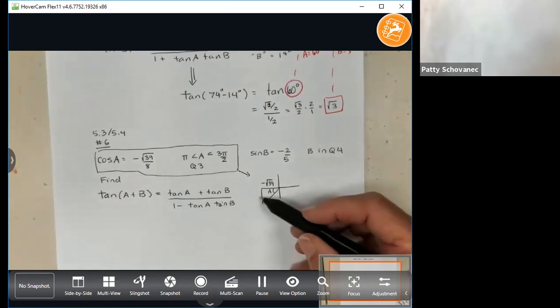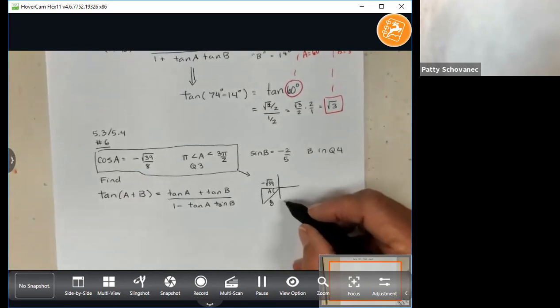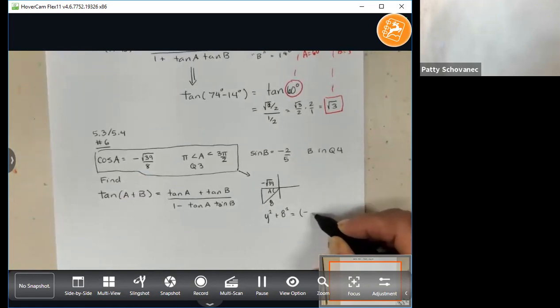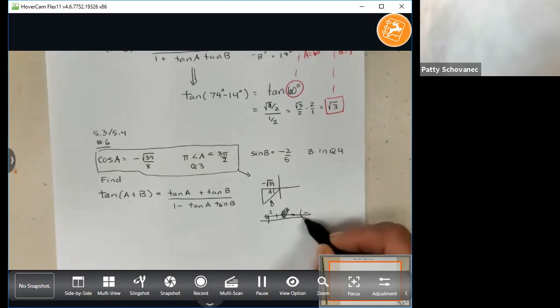And so let's just do the Pythagorean theorem, call this number y for now. And we have that y squared plus 8 squared is, I said that backwards. Okay, so I didn't use a pencil. Let's just try it again. Y squared plus negative square root of 39 squared is 8 squared. Solving that for y.